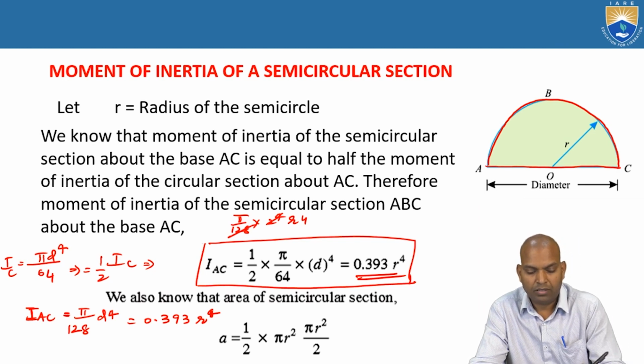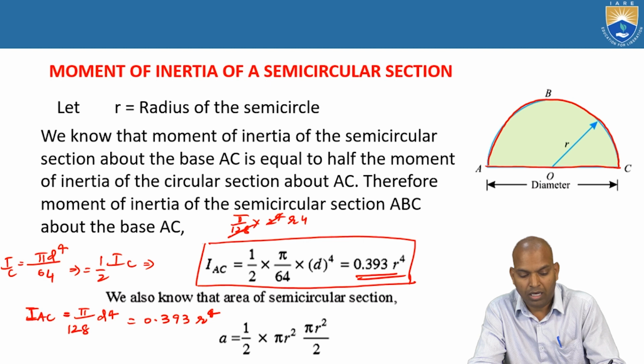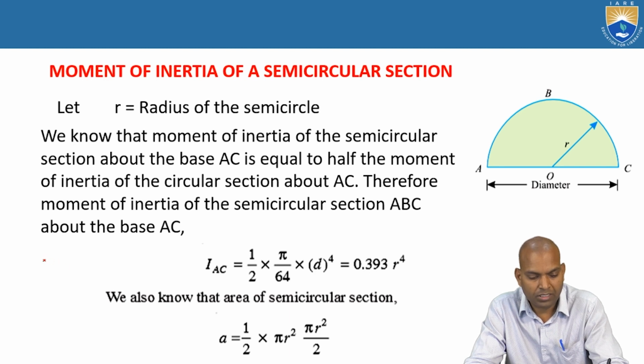So what is the area here? The area of the semicircular section is half of the complete circular section. Area of the circle is pi r square.